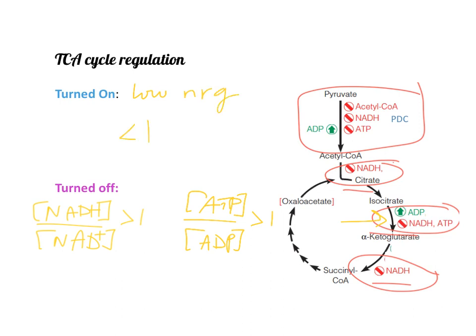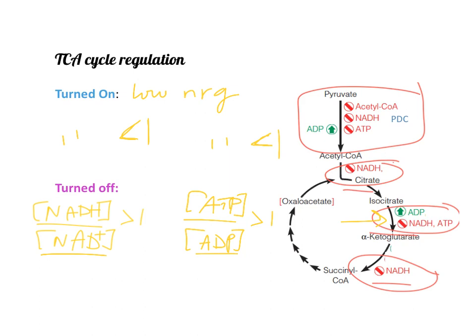So I'll just put less than 1 and less than 1 here. So ditto, ditto, opposite dittos. So when your NAD plus is greater than your NADH, this ratio will be less than 1, and when your ADP is more than ATP, this ratio will also be less than 1.